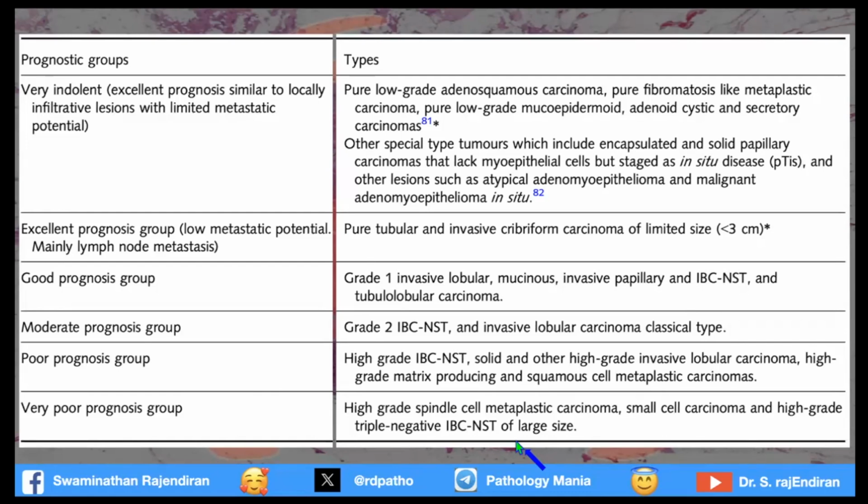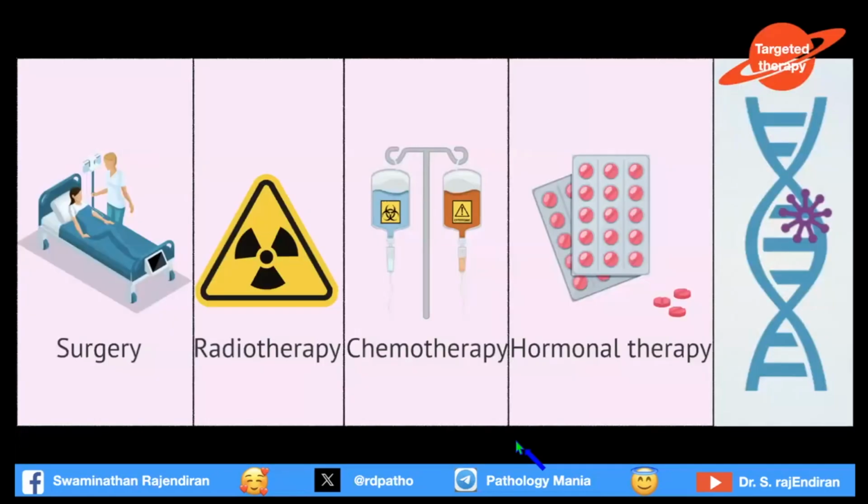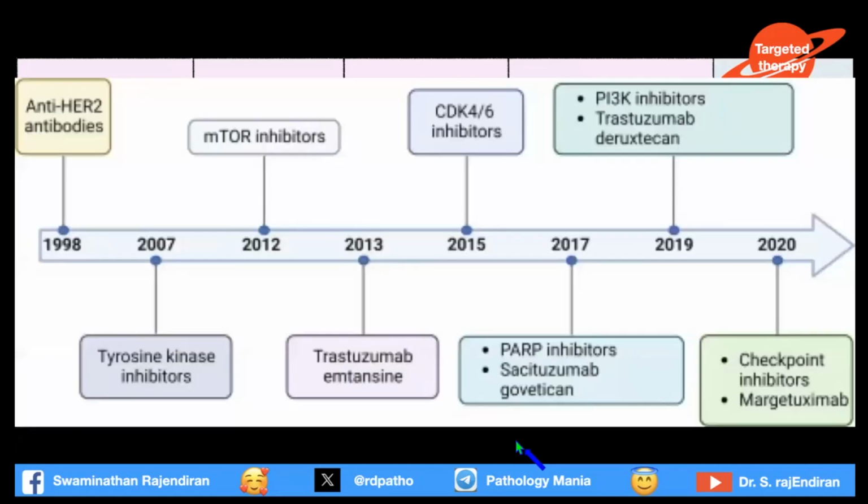The treatments available are surgery, radiotherapy, chemotherapy, hormonal therapy. But currently we are talking about targeted therapy, which can be targeted specifically depending upon the molecular findings of the patient.